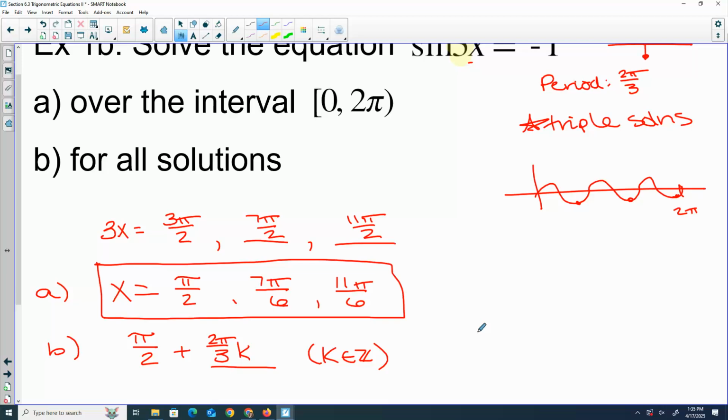So there are some different ways that you might choose to write that answer. Most of the time on these, I am just going to have you give me the answers between 0 and 2 pi or 0 and 360 for the most part. A couple times I may ask you to do all solutions, but not very often. But you just have to take your original solutions and add your period to them.